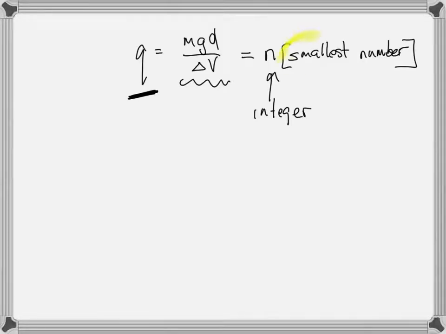Hence, he is able to determine what that smallest number is and determine that that must be the smallest possible charge on an oil drop.